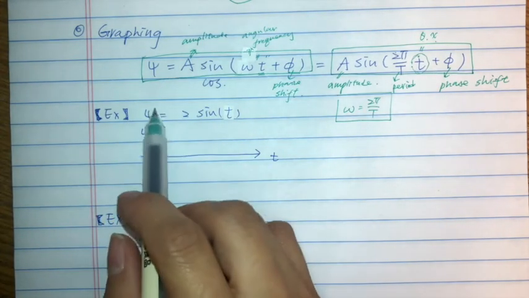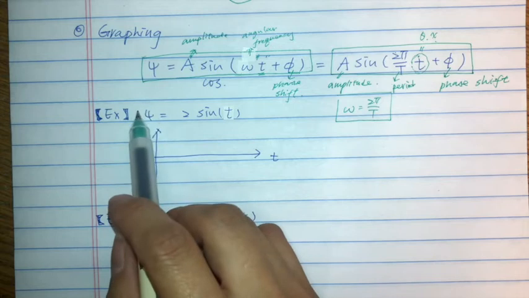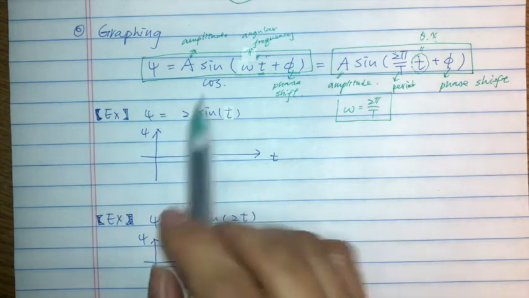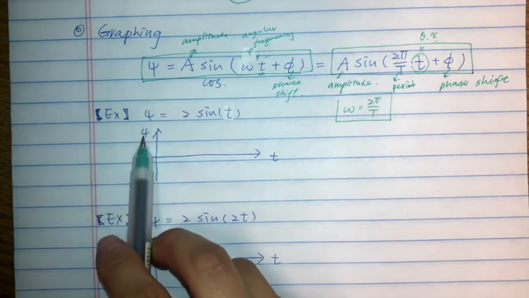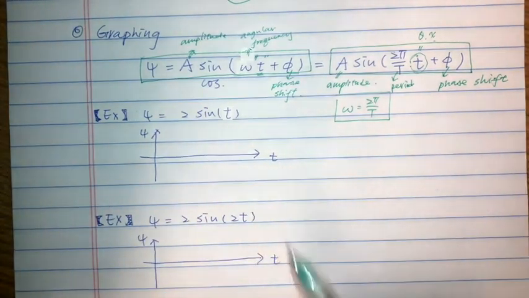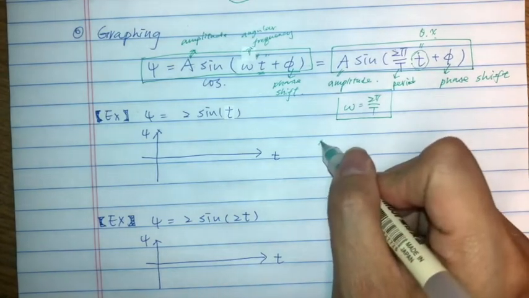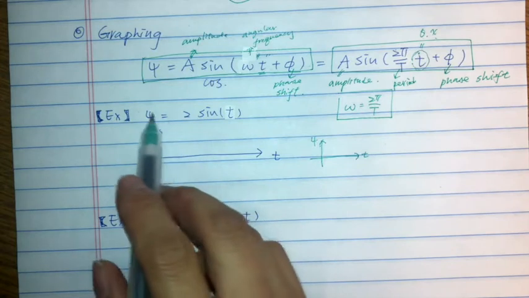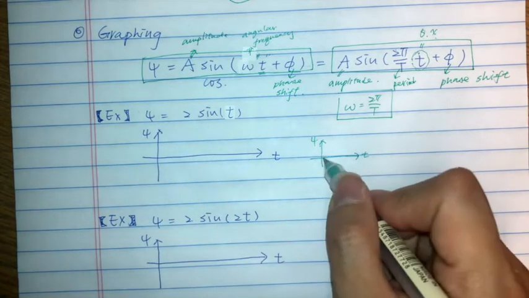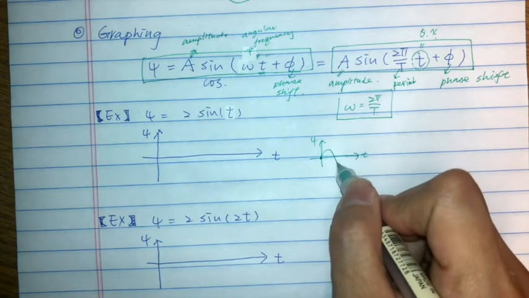So now I have a wave function, which looks like 2 sine t. Exactly what does this function look like when I increase t? To draw a trig function, you must know that a general form for sine will start from 0, then go up and down.